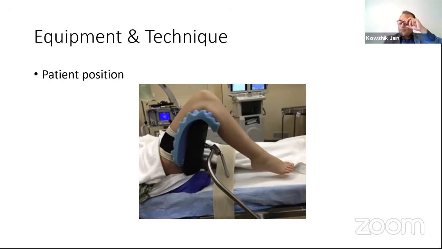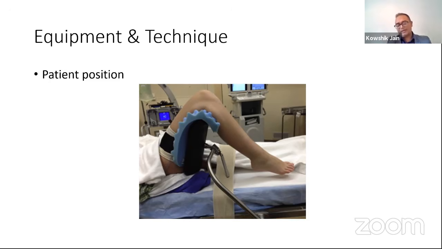So this is how most commonly patients are positioned, but it varies from country to country, and even within the UK, there are many different ways of positioning a patient. The black support you see on the thigh is called a thigh gutter. The position of the thigh when I do it is not as vertical as it is here.